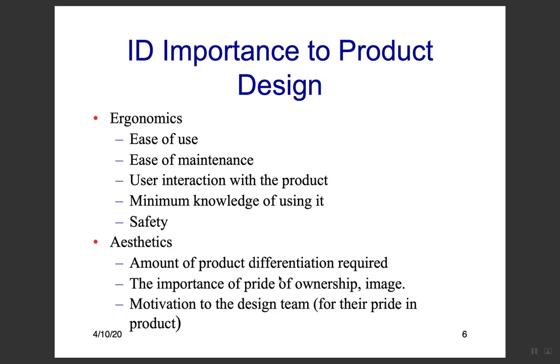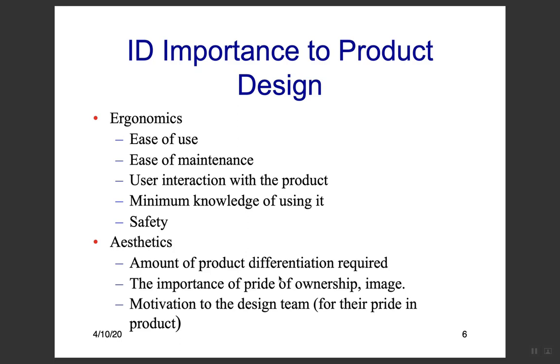For ergonomics, for example, we like to see ease of use, ease of maintenance, user interactions with the product, minimum knowledge needed to use it, and safety. I guess you guys still remember the concept of ergonomics, right? Ergonomics is something where we fit the task and fit the product to the users.